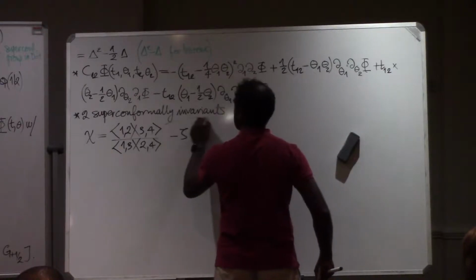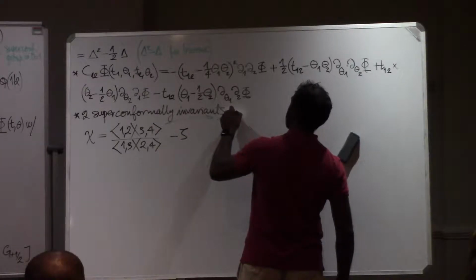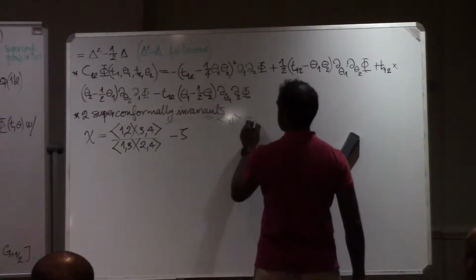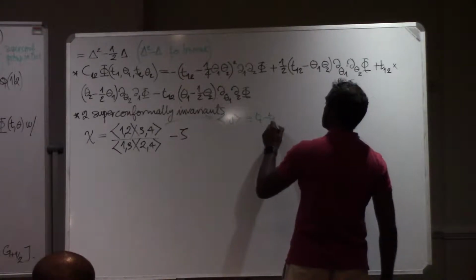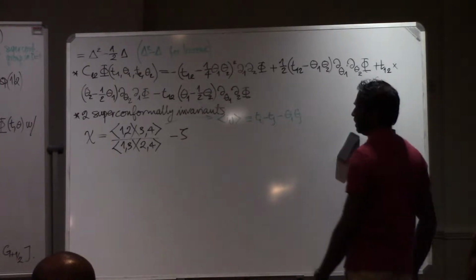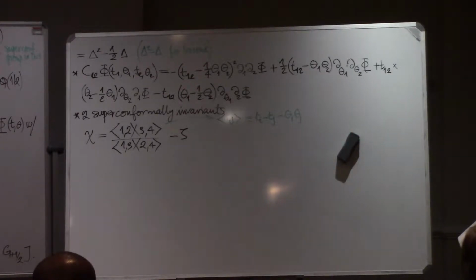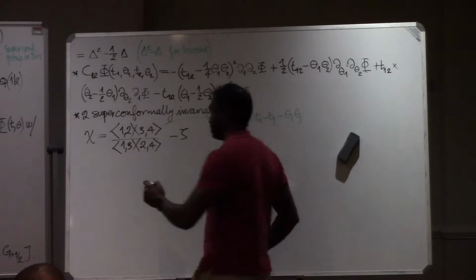This combination (i,j) is just the notation we'll use to define t_i minus t_j minus theta_i theta_j. If you set all the thetas to 0, this chi reduces to the conformal cross ratio that you've read about before.